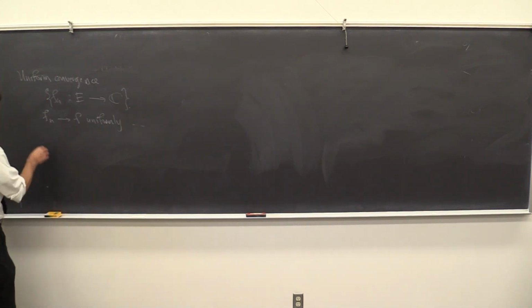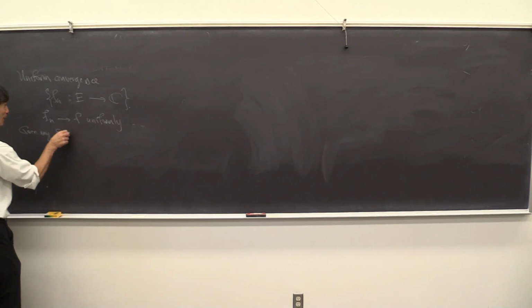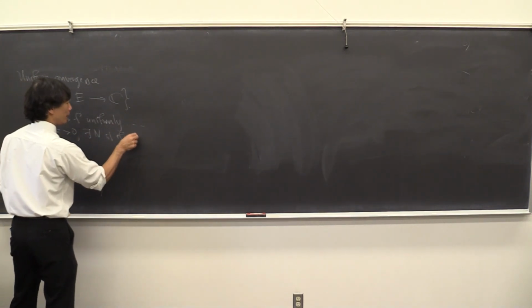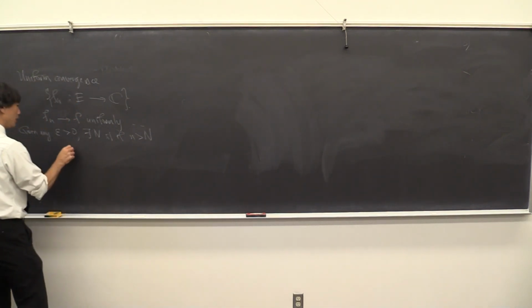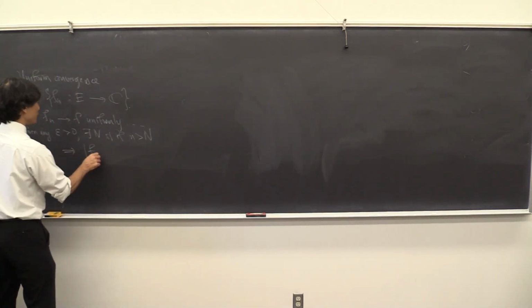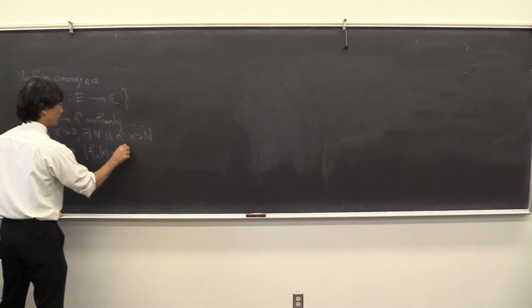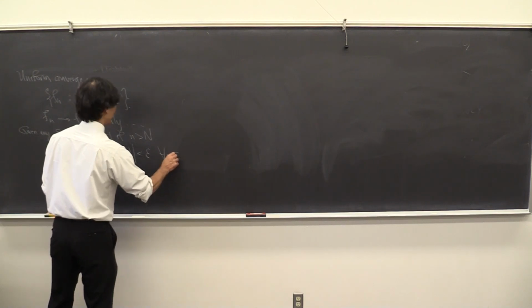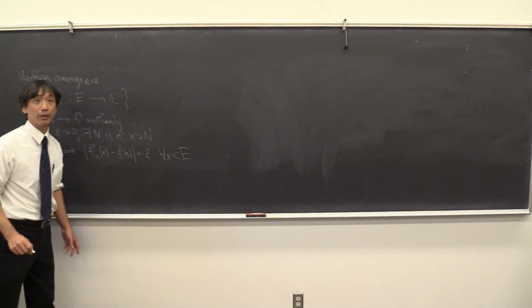Right. So given any epsilon, there exists an n such that if n is bigger than that n, then the distance between f sub n and f is smaller than epsilon for all x in your set.